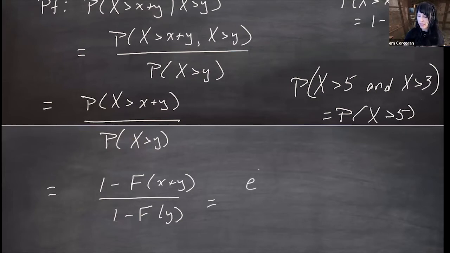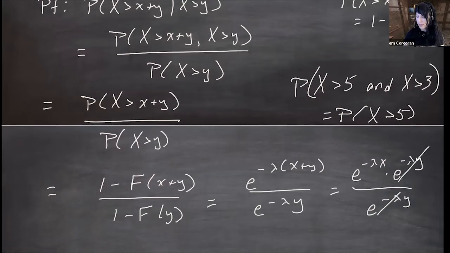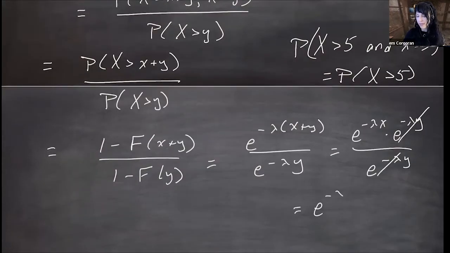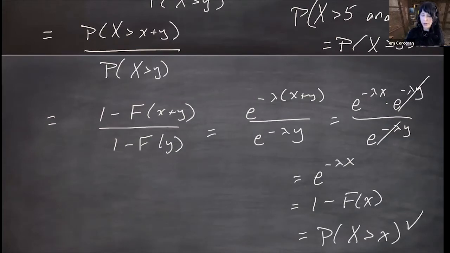So you get e to the negative lambda times x plus y over e to the negative lambda y. And that thing on top can be factored, and the y part will cancel. So we've got e to the negative lambda x, which is 1 minus the CDF evaluated at x, which is the probability that X is greater than x. And that's what we wanted to show.